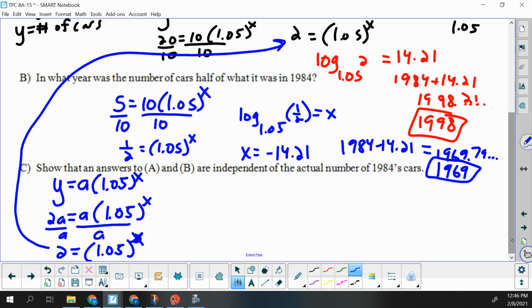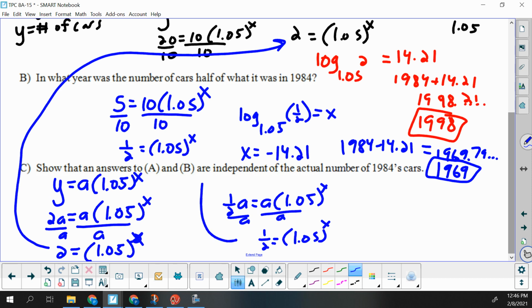Well, let's do the same thing for the half one. We would have a half a equals a times 1.05 raised to the x. If we divide that a over, we get a half equals 1.05 to the x. Notice that matches what we had right there. So it did not matter what you picked for the initial amount, because when you half it or when you double it, when you divide it over, you'll end up with the same thing that we had when we just picked a random number.